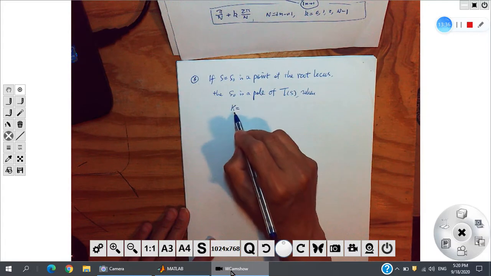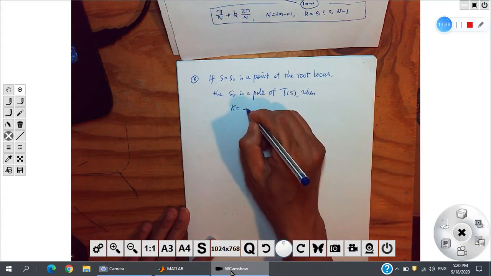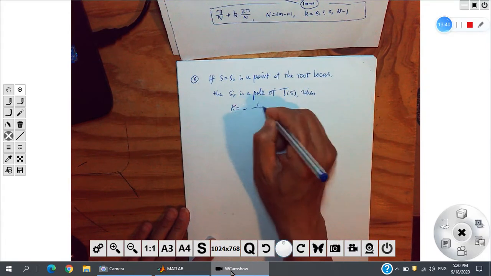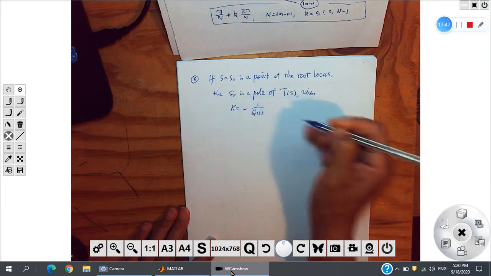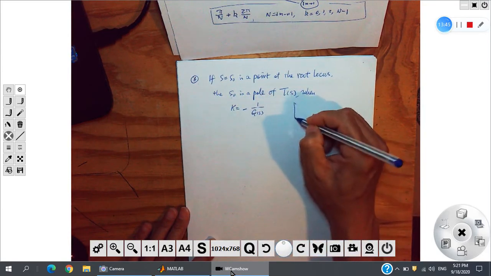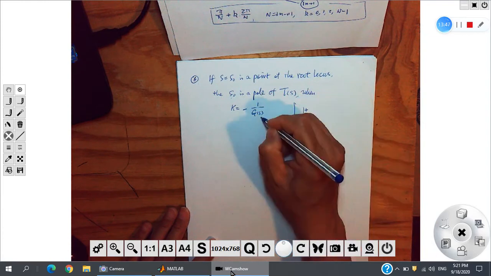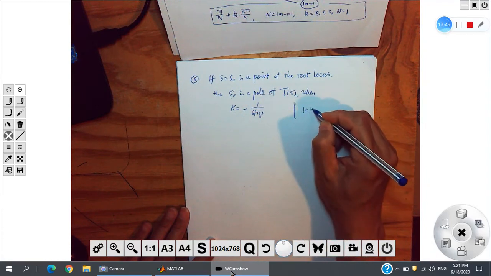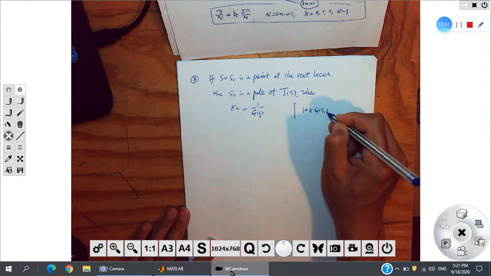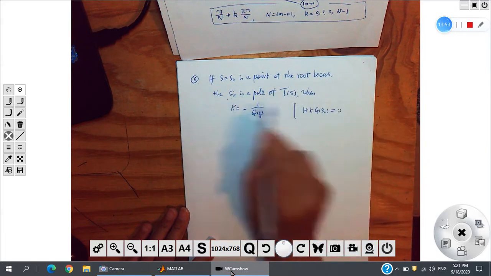Then what is that K? That K is negative 1 over G of S0. Make sense? Because 1 plus K G of S0 equals 0, it is a pole.